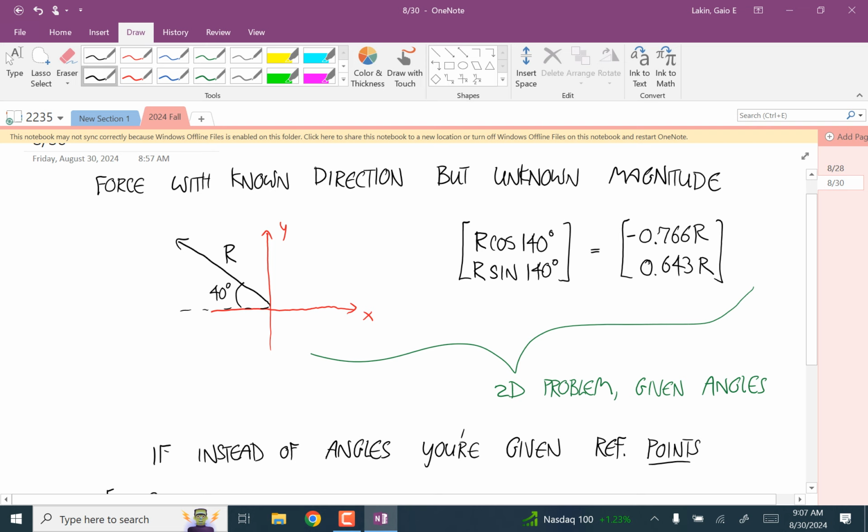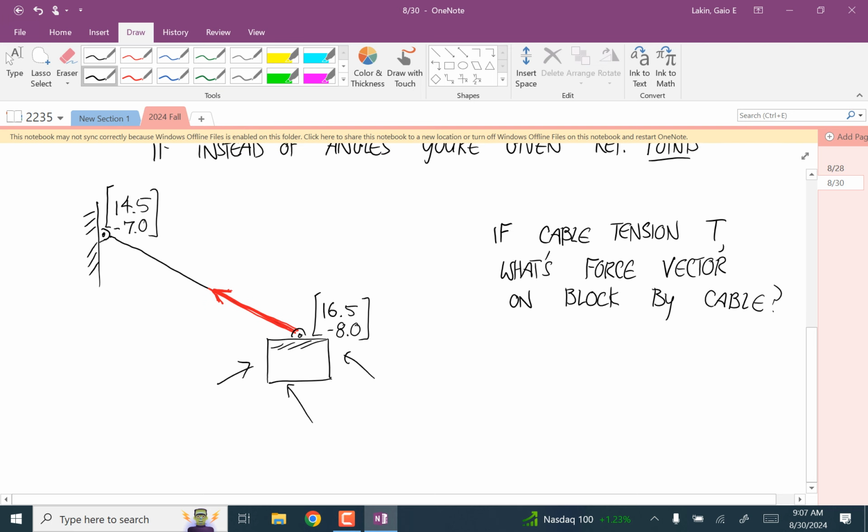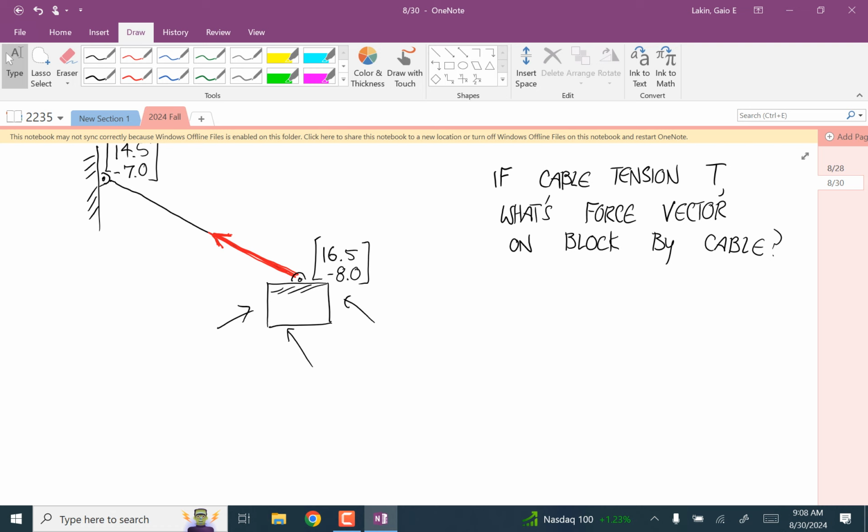So we're just using cosine and sine to come up with our unit vector in the right direction. Here, we figure out the vector that goes from the block to the wall, normalize it to get the unit vector, and then multiply it by T.